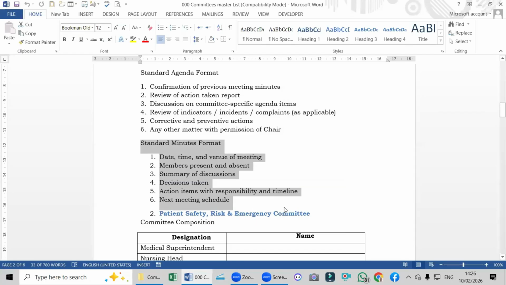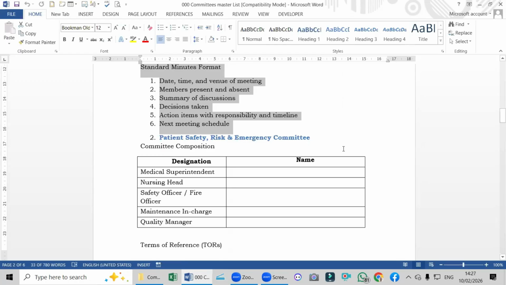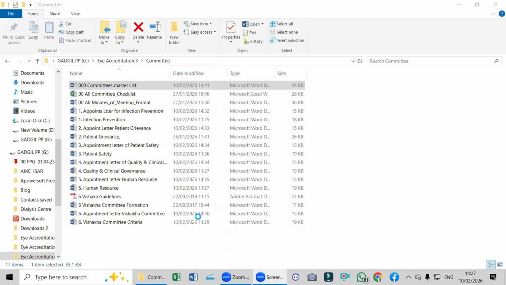The standard minute format is given separately. You will be getting it now, and you make the minutes exactly as per that. It is the least trouble for you. All other committees are like this only, so we'll not elaborate, but we'll go to the next.